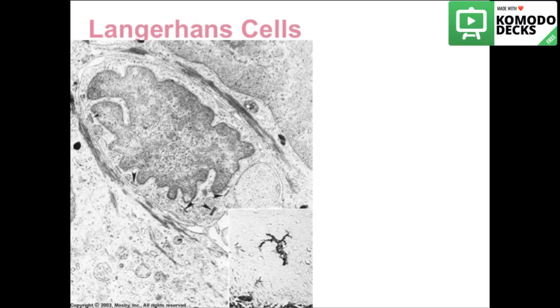These cells with their dendrites can ingest any bacteria and foreign antigens in the epithelium and can present them to the lymphocytes or the lymph nodes in the connective tissue. Therefore, they are migrating cells from the epithelium to the connective tissue or the lymph nodes nearby.